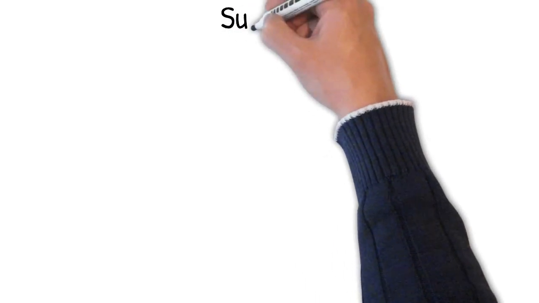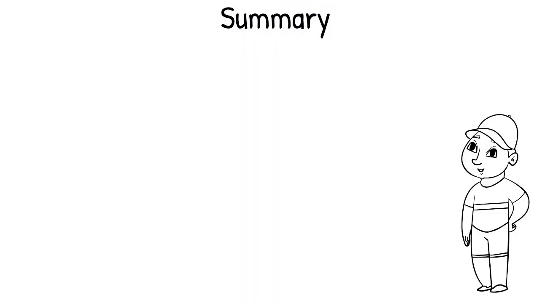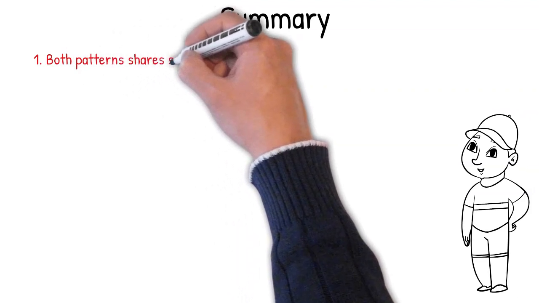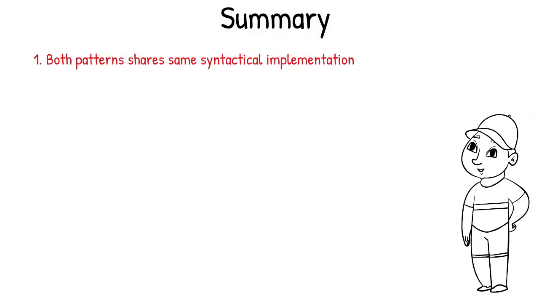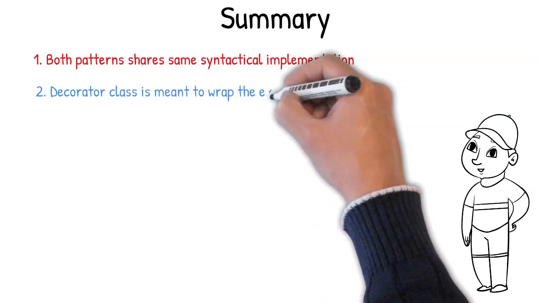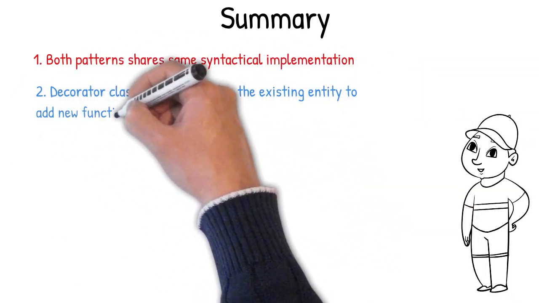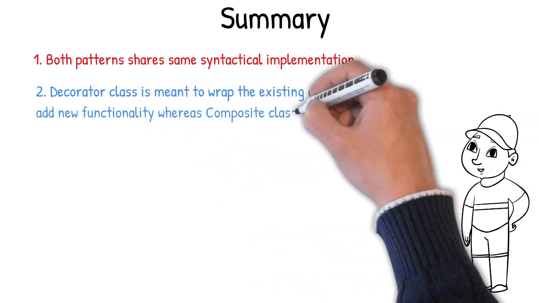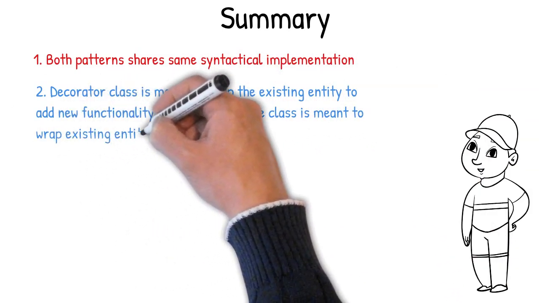Now let's take a pen and paper and note down whatever we have learned so far. First point. Both decorator and composite pattern share the same syntactical implementation. That is, they implement the same interface as that of the inner entities that they wrap. Secondly, decorator pattern is meant to create a wrapper over an existing entity so as to add additional functionalities without modifying the internal structure.